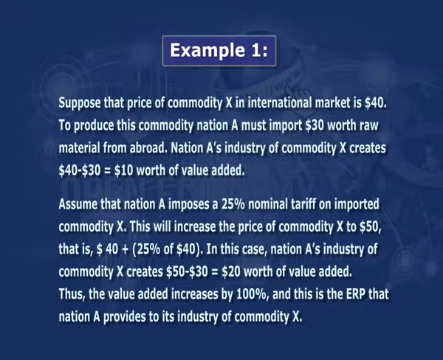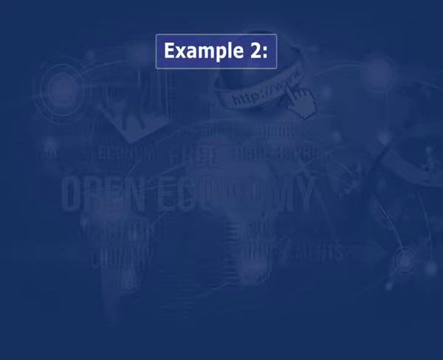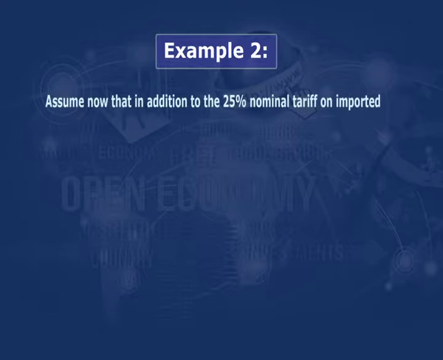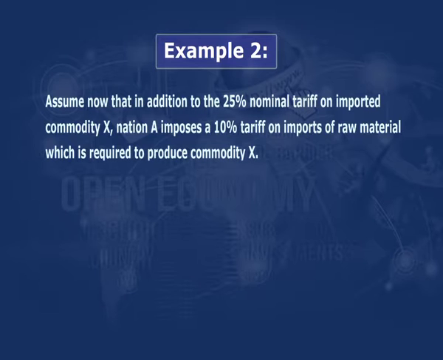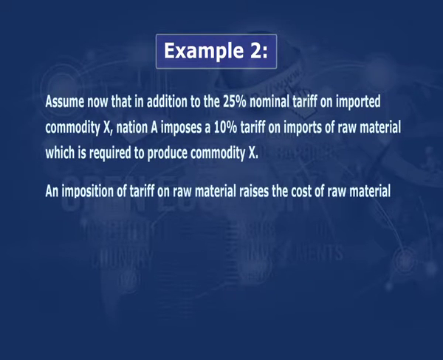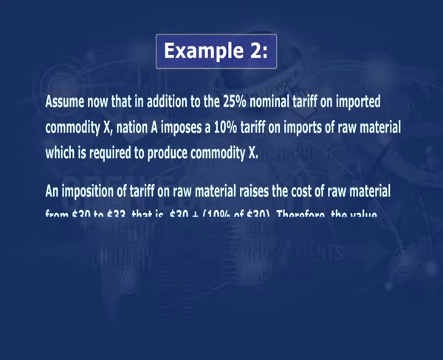Let's take another example. Assume now that in addition to the 25% nominal tariff on imported commodity X, nation A imposes a 10% tariff on the import of raw material which is required to produce commodity X. An imposition of tariff on raw material raises the cost of raw material from $30 to $33, that is $30 plus 10% of $30.